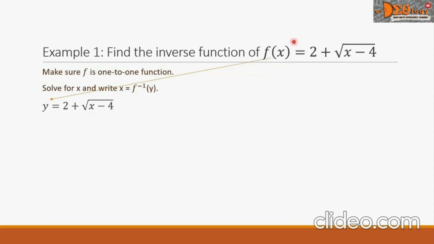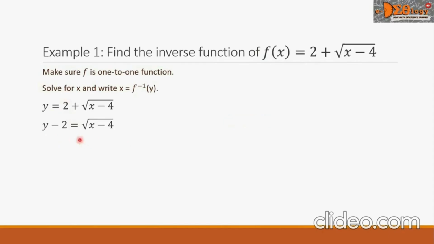Everything is the same except the f of x, which becomes y. The next step is to solve for x. We want this x to be isolated. The first thing to do is to transpose the number 2 to the other side. So the positive 2 here becomes -2 on the left side.